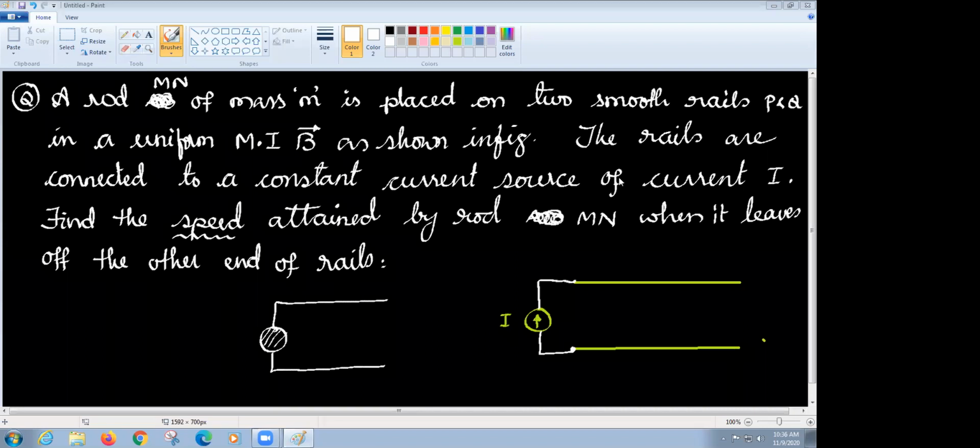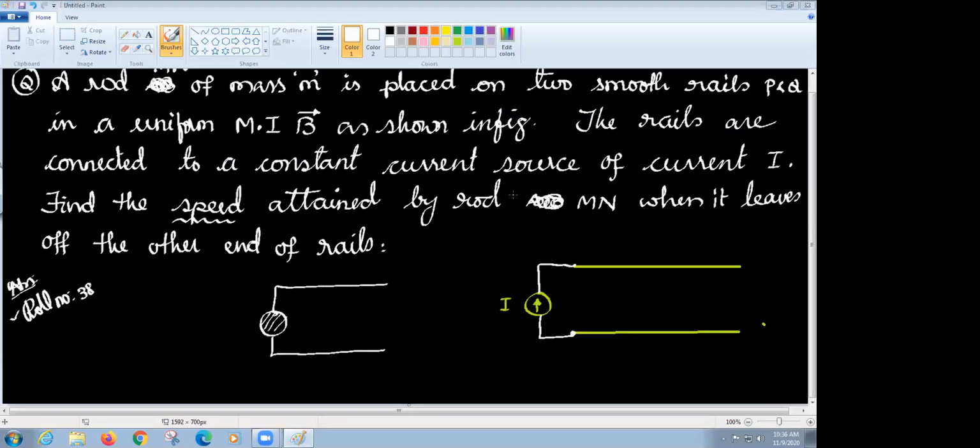Is she there? Okay, so say roll number 38 is absent. Let me take the absentee list, otherwise I forget these things.